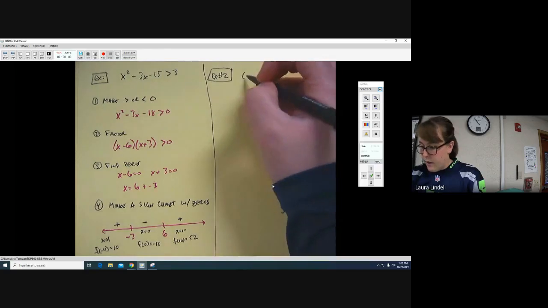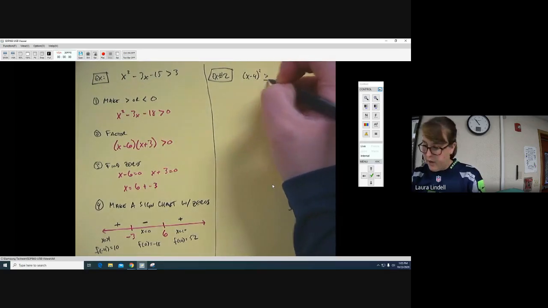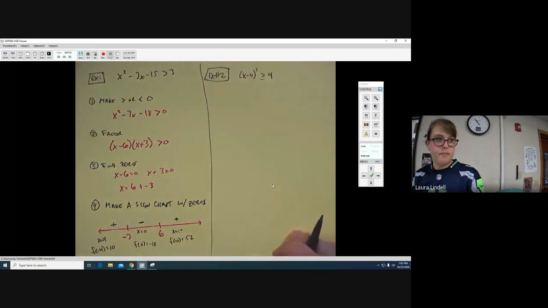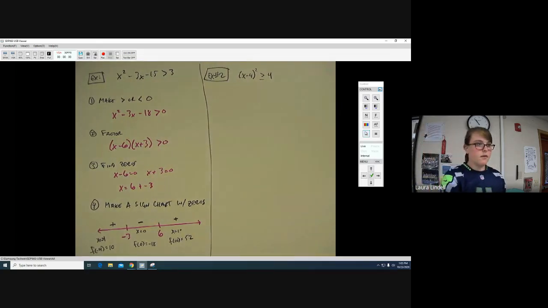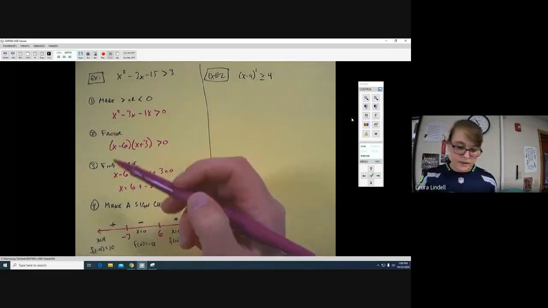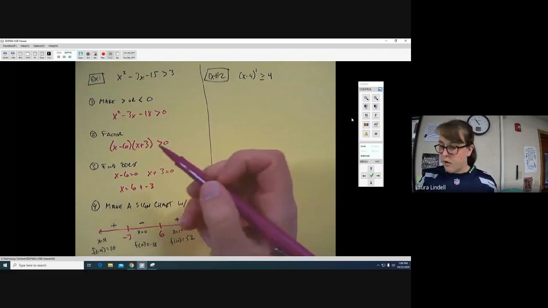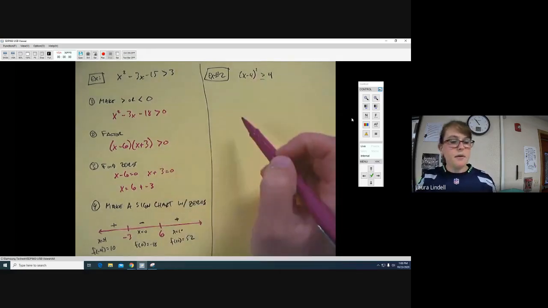Let's go with x minus 4 squared is greater than or equal to 4. All right, well, step 1 was to make it greater than or less than 0. So first I'm going to distribute this out.